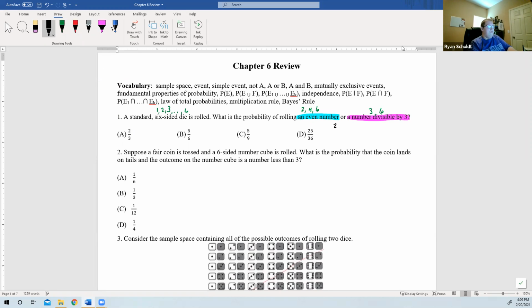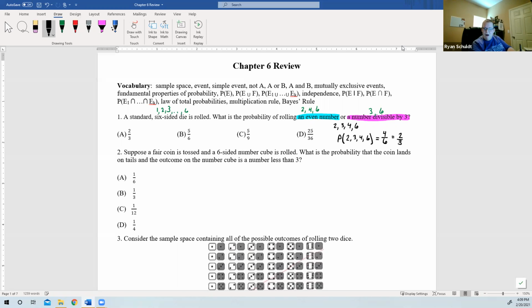So I could get a 2, I'd be happy. I could get a 3, I'd be happy. I could get a 4, I'd be happy, and I could get a 6. Well, what's the probability I get one of those numbers? The probability of a 2, 3, 4, or 6 would be 4 out of 6, which reduces to 2/3.